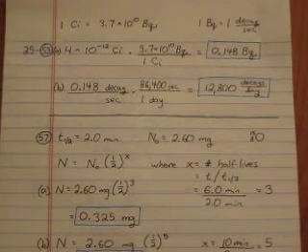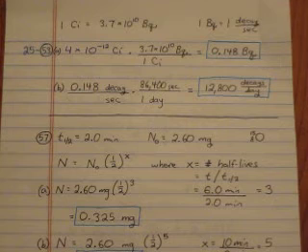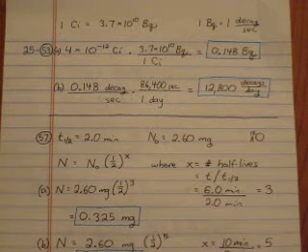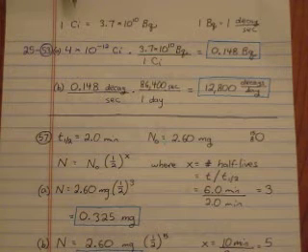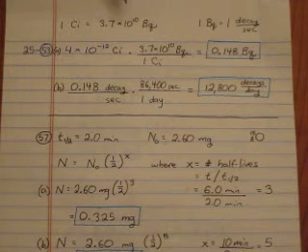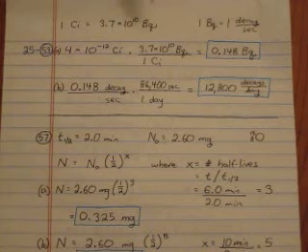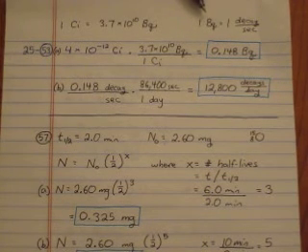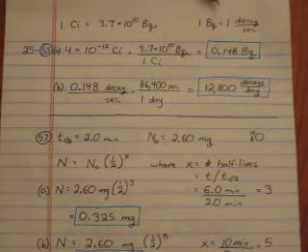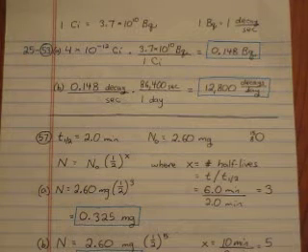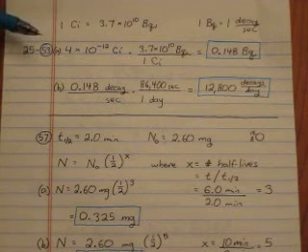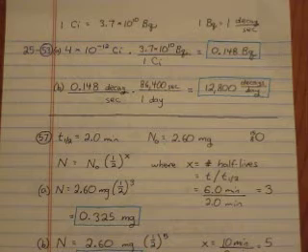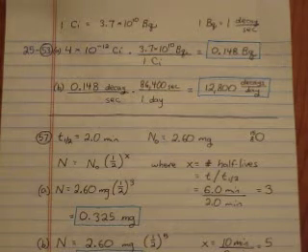Number 53. What you need to know for this is the conversions of decay rate, that 1 curie is equal to 3.7 times 10 to the 10th becquerels. 1 becquerel is a decay rate equal to 1 decay per second. So we're given an amount, 4 picocuries, so 4 times 10 to the -12 curies.